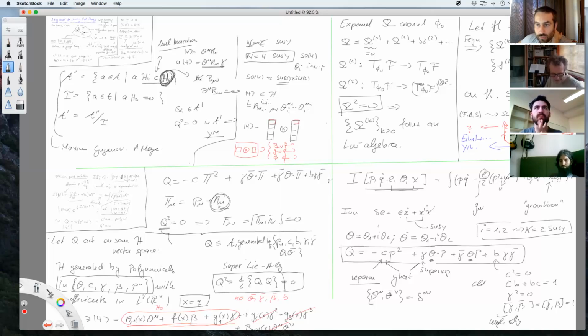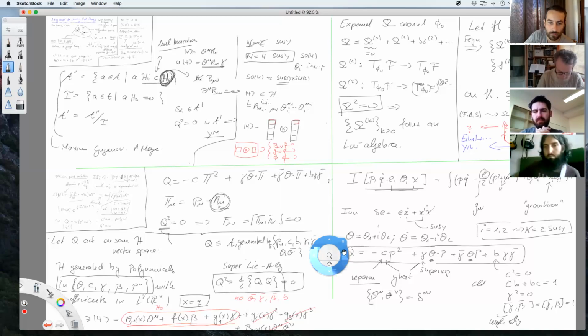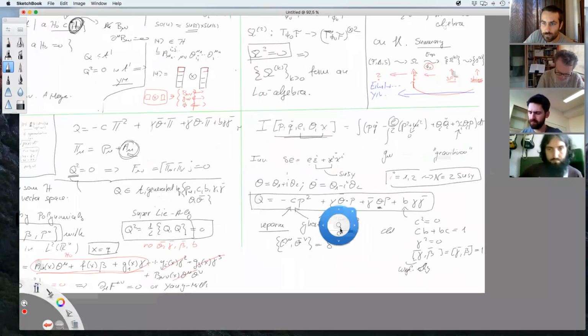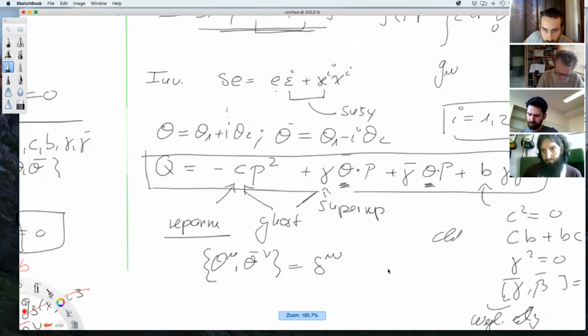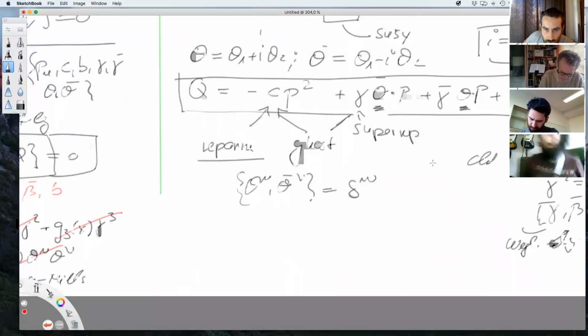Ramond fields, we didn't do it, but I think you could do it in the following way. I can explain that quickly. What we did is we generated our vector space psi.